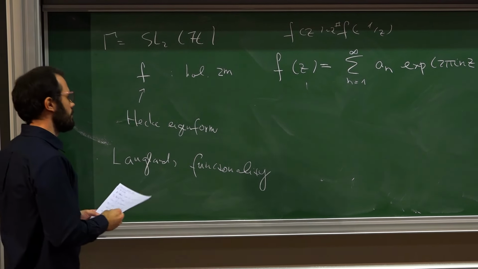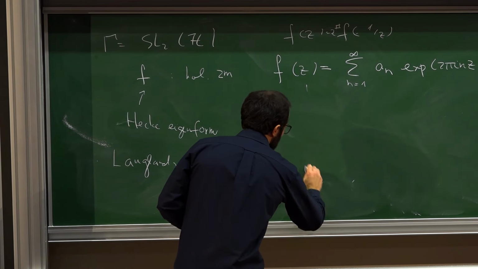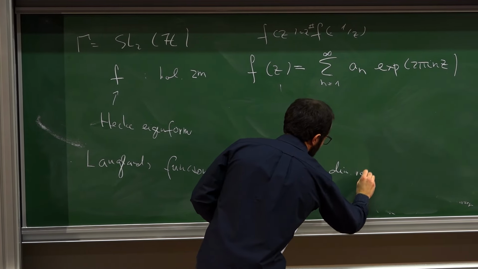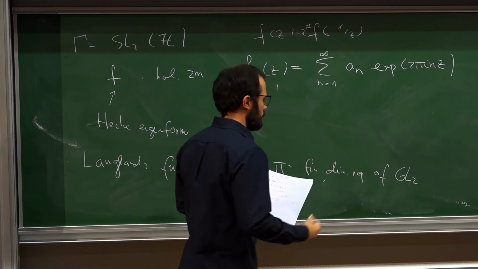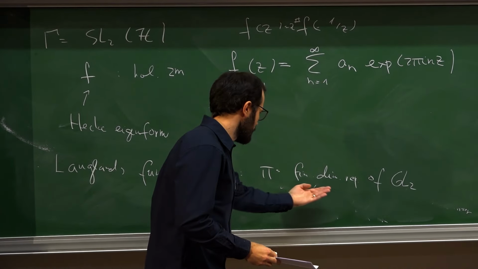Essentially, from finite dimensional representations of GL2, or GLn in general, you can build more complicated higher degree L functions, and the degree is the dimensionality of this representation.